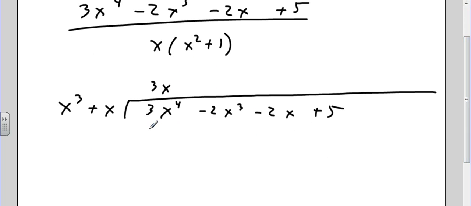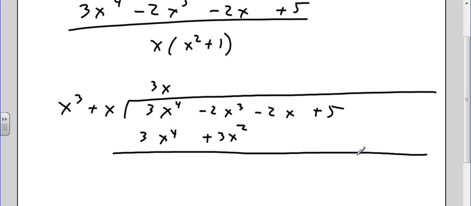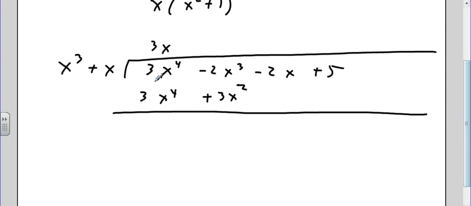So I've got 3x to the 4th plus 3x squared. All right, so that looks kind of weird. I'm going to subtract, and this goes away. And I have minus 2x cubed minus 3x squared minus 2x plus 5.